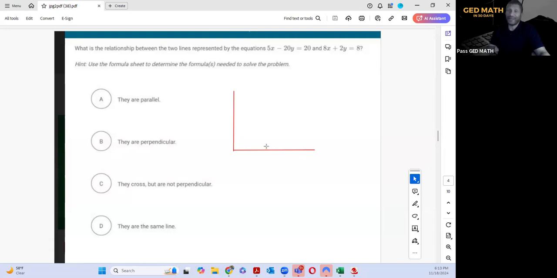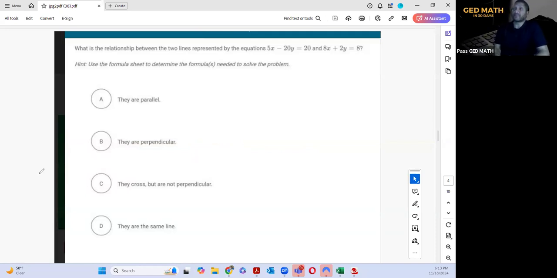They form that 90-degree angle. That's very important for you to understand. So, perpendicular lines are two lines that intersect but form a 90-degree angle. It's important to distinguish between parallel and perpendicular. Recently on the GED exam, they've been asking for the equation of a parallel or the equation of a perpendicular, but you should be familiar with both.